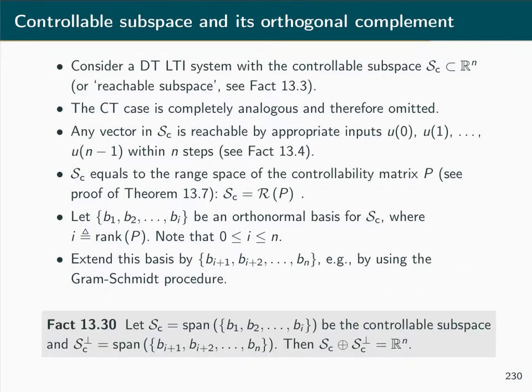So in summary, we have that the controllable subspace SC is equal to the span of the orthonormal vectors b1 through bi, and its orthogonal complement SC perp is equal to the span of the remaining orthonormal basis vectors bi+1 through bn. Of course, we have that the controllable subspace SC and its orthogonal complement SC perp form a direct sum decomposition of the state space Rn.